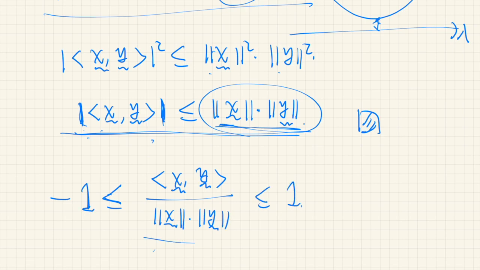Okay, so this quantity is always between negative 1 and positive 1.